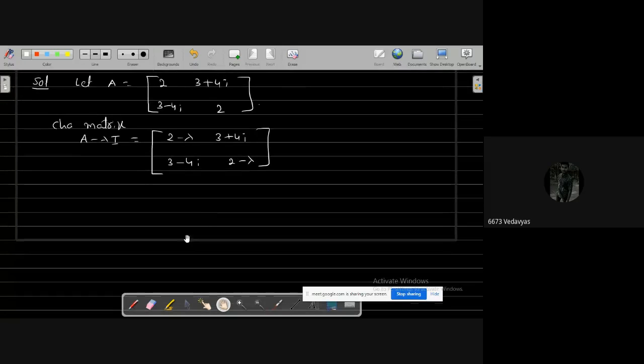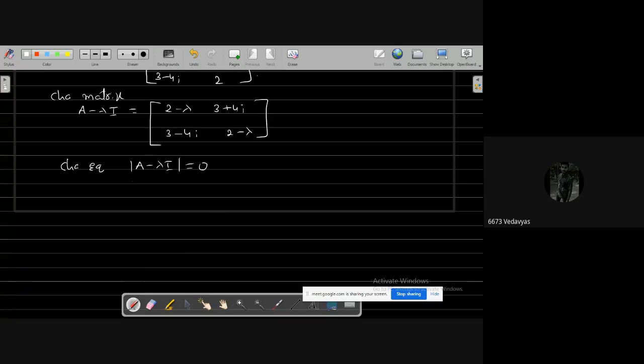Next, the characteristic equation: determinant of A minus lambda I is equal to 0. That is the determinant of [2 minus lambda, 3 plus 4i; 3 minus 4i, 2 minus lambda] equal to 0.